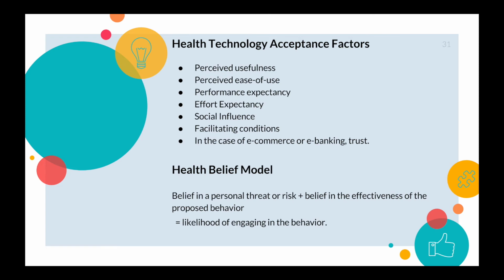When discussing the acceptance of health technology in particular, researchers often refer to the health belief model, the idea that belief in a personal threat combined with belief in the effectiveness of the proposed behavior predicts the likelihood of engaging in the behavior.